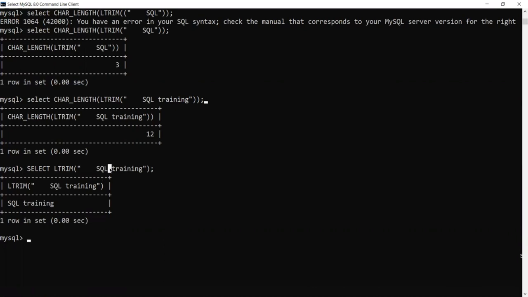Before T, there is one space which was not trimmed, because before this space there are some characters. So LTrim only trims the spaces present at the start of a string, and it will not trim this middle space, because there are characters before it. So that was LTrim for you.